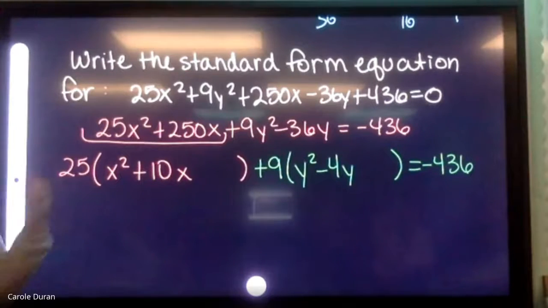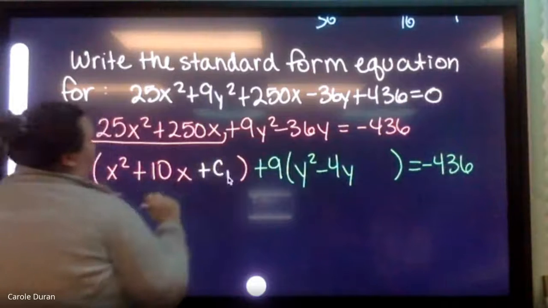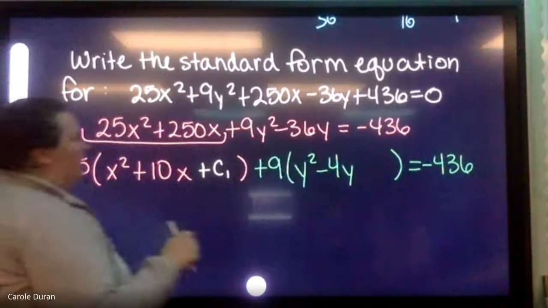I mentioned that I know I have to put a third number into each of these parentheses. Do I have any idea about how to find that third number? Yeah, we're going to do that C thing. So the number I'm going to put in with the x's, I'm going to label as C1. The number I'm going to put in with the y's, I'm going to label as C2.